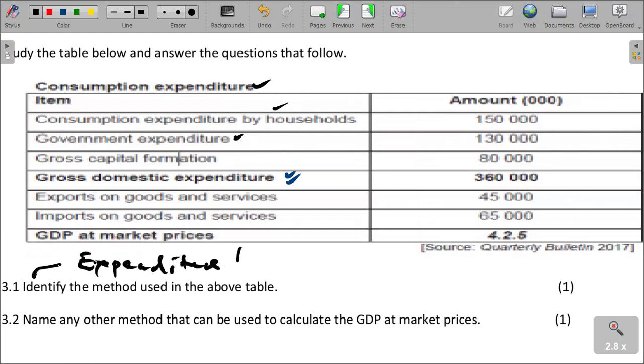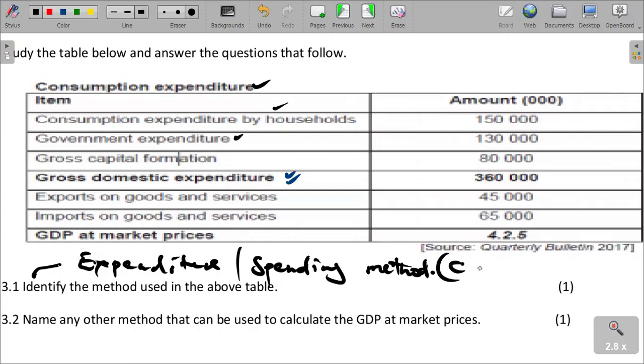This is the expenditure or spending method, which I want you to note, because it calculates GDP by adding all spending in the economy. GDP is measured by adding all the spending in the economy.